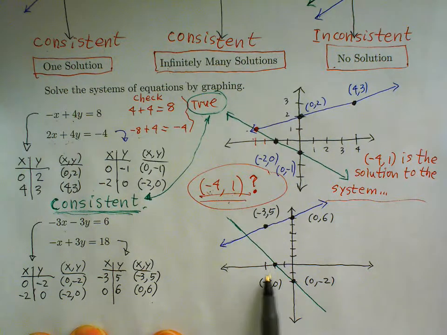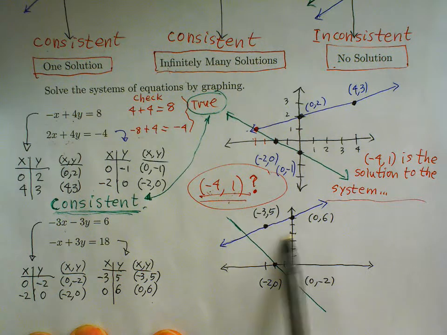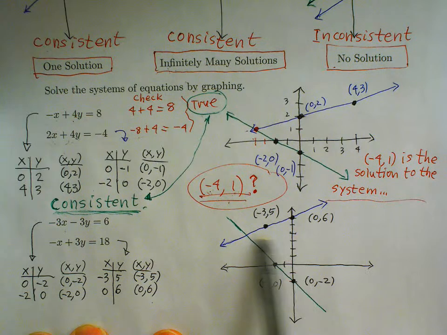Hey, well, what could the ordered pair for that point of intersection be? So you see the dilemma we have.